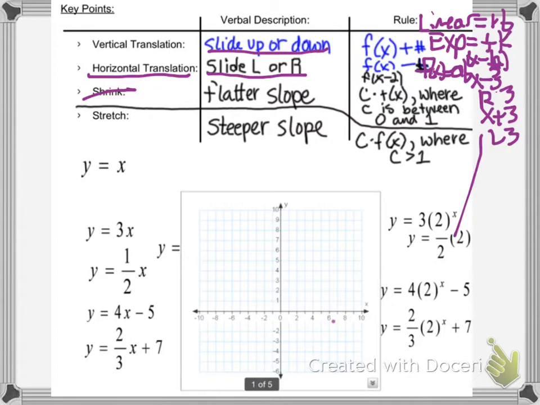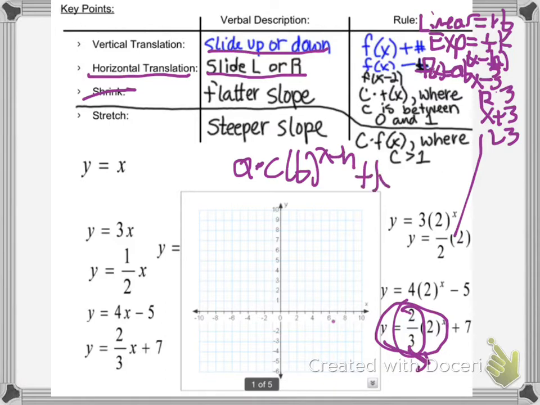So a flatter slope would be something like this one. 2/3 is a number that's in front of b, and it's called c because they input another part of the function, but we're just going to say the number in front of b, where a is, because it's a times c, so a function would be a times c b to the x minus h plus k.